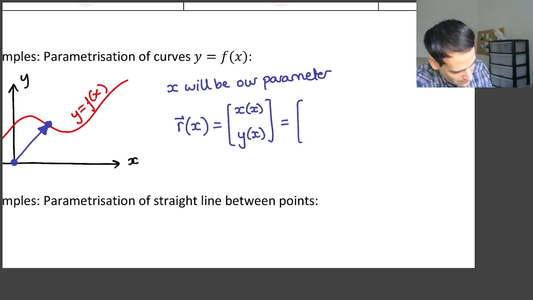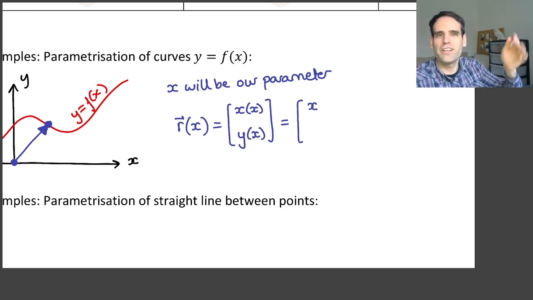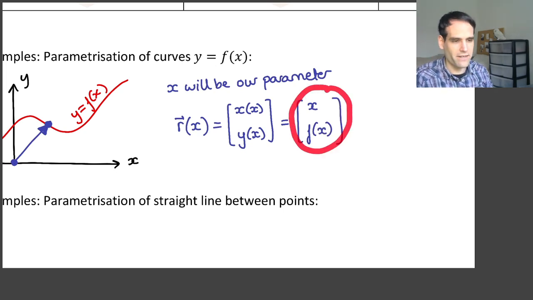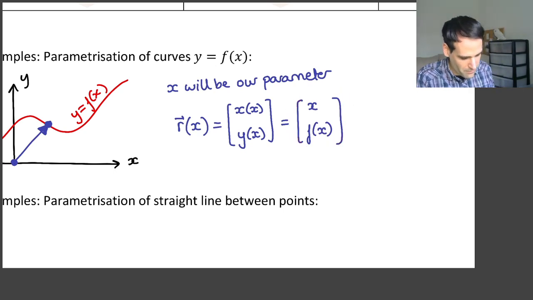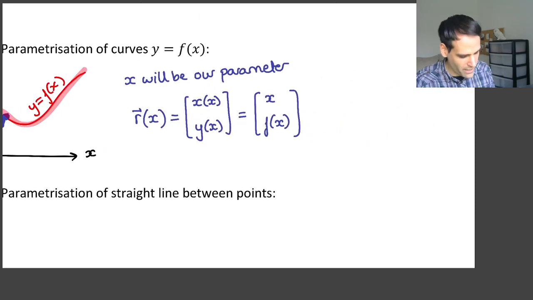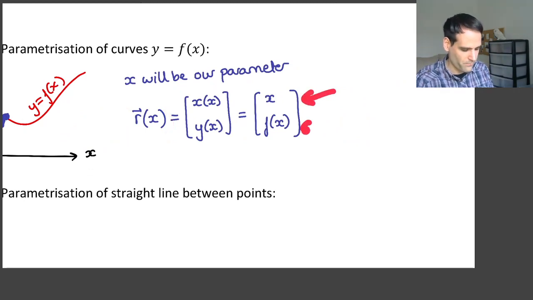Well, it's just itself. It's just x. And how do you write y as a function of x? Well, you write the equation f of x. Maybe this was a polynomial, right? So then you would write the polynomial here as a function of x. So in this way, we have parameterized this curve. So this will be the parameterized equation for this curve. And this is in 2 dimensions. That's why our parametric equation for the curve has only 2 dimensions, x and y.